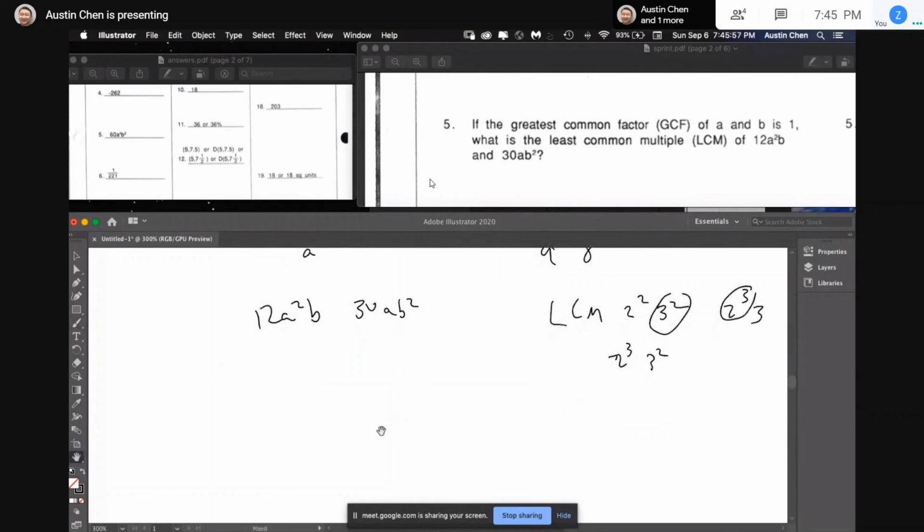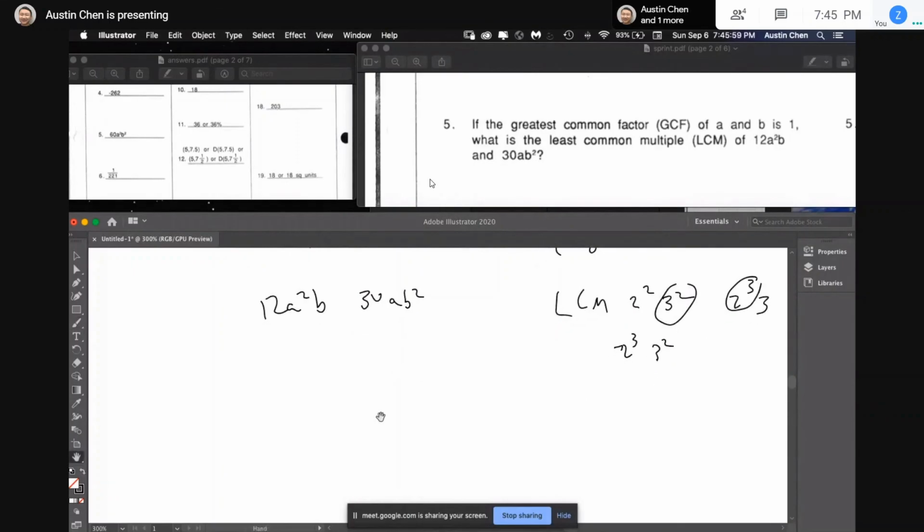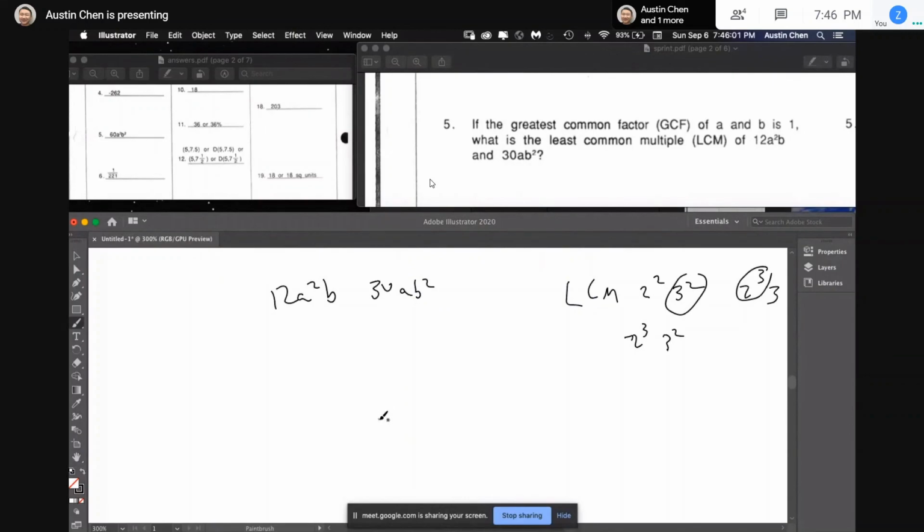So, should we do it that way in here though? I don't see why not.